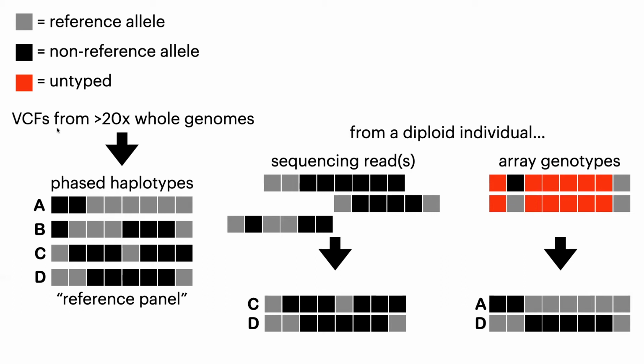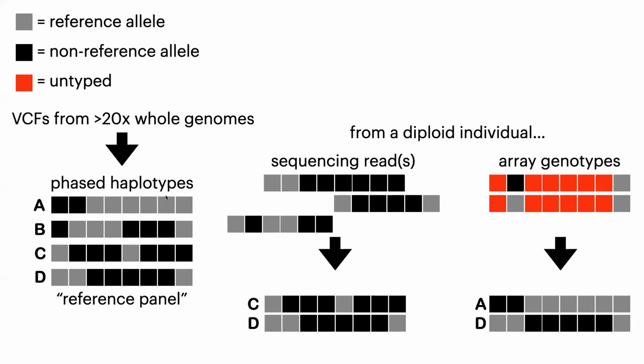From this, you've called variants, genetic variants, and you've determined phased haplotypes, basically the order of sequences that are present in your reference samples. In this case, I'm marking the non-reference alleles with black, the reference alleles with gray.